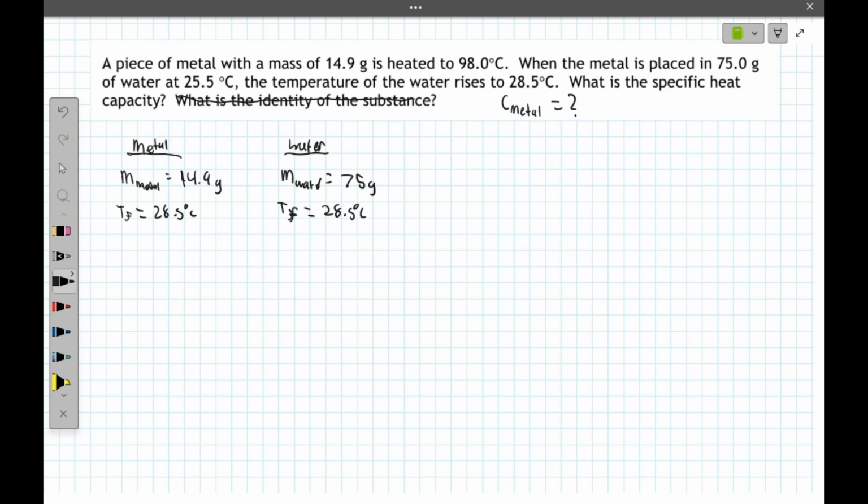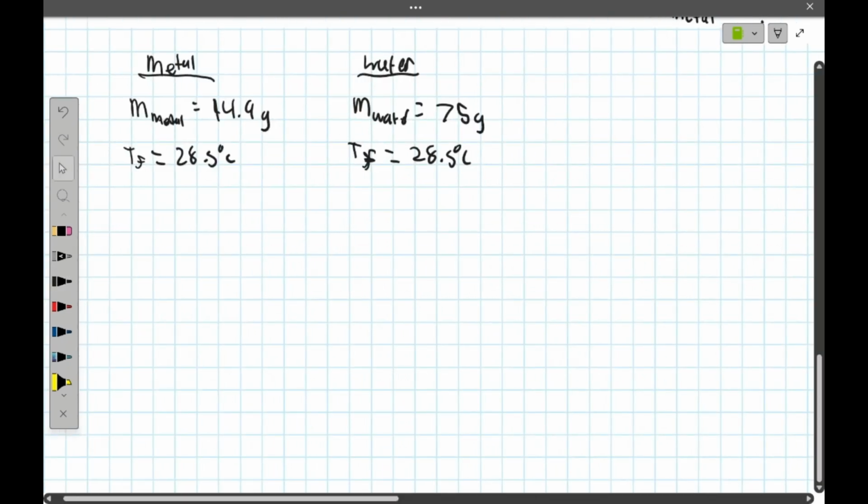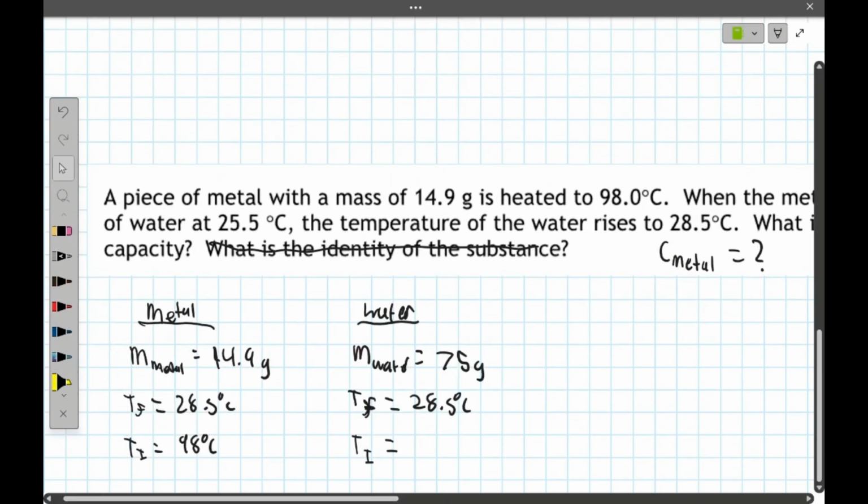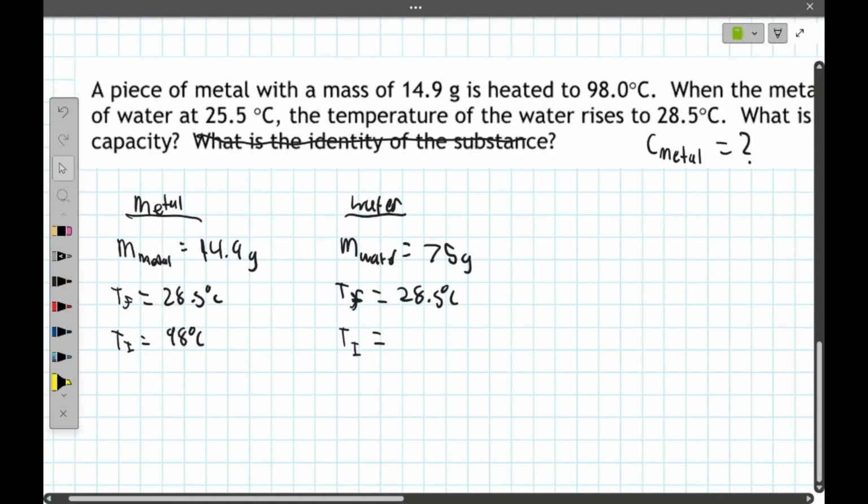They differ in their initial temperature. So the metal started off with the initial temperature of 98 degrees. So T initial is equal to 98 degrees. And then for the water, T initial is equal to 25.5 degrees.